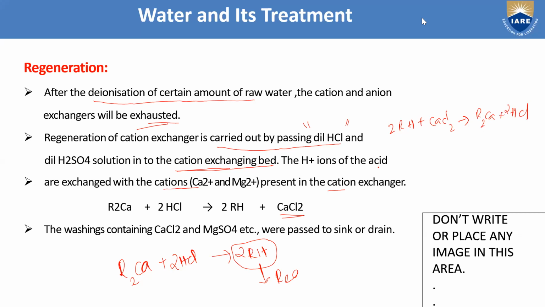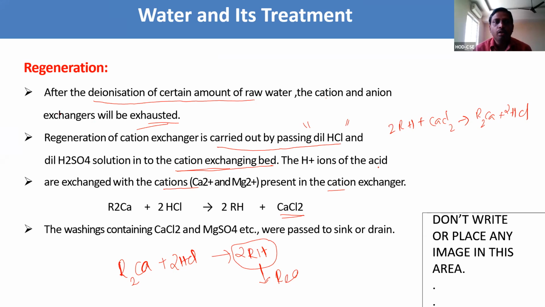H plus ions of the acid are exchanged with cations like Ca2+ and Mg2+ present in the cation exchanger. R2Ca plus 2HCl forms 2RH plus CaCl2.